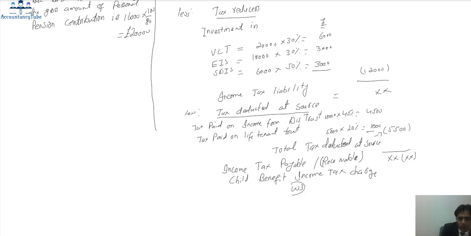We've already done it in the working. So whole amount, whatever we have received in the child benefit, £7,000, will also be paid to HM Revenue and Customs along with the income tax payable. Okay. So that is the total figure payable to HM Revenue and Customs.